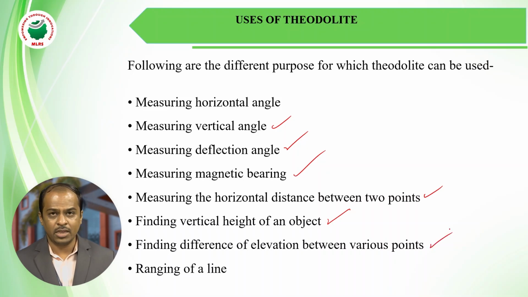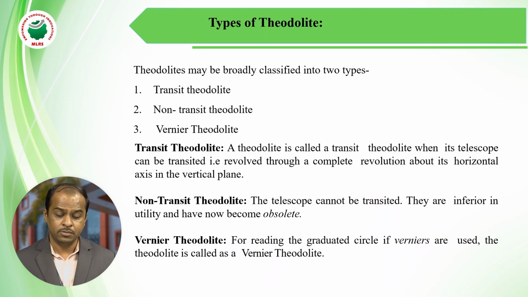After that, we can use the theodolite telescope for ranging a line, for the extension of the line, and for determining intermediate points between the points. So that is about the uses.